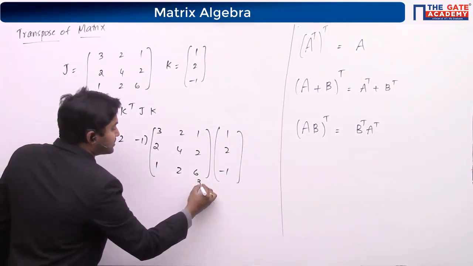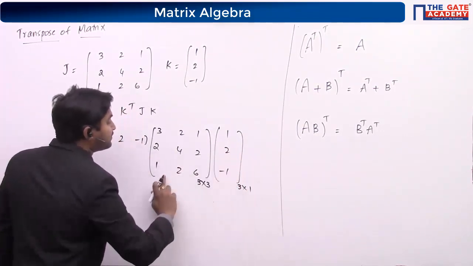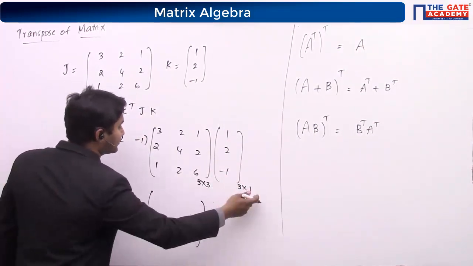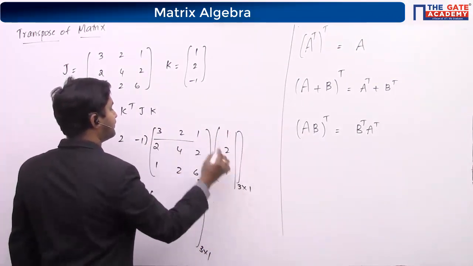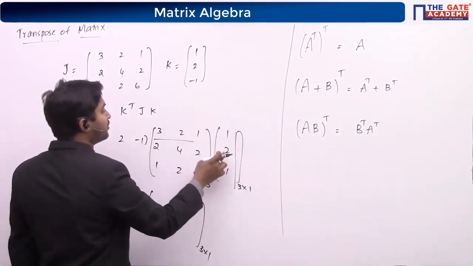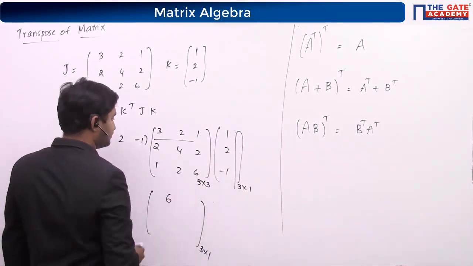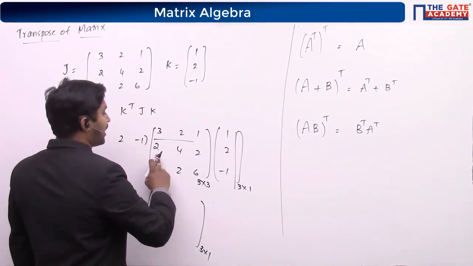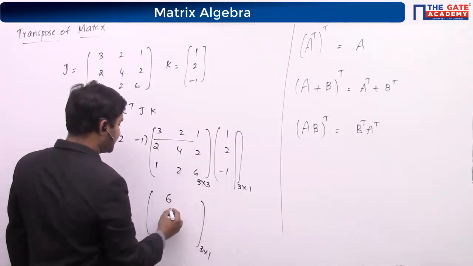So a 3 cross 3 matrix, and you are having a 3 cross 1 matrix. Let me multiply these two first of all. In that case, I'm going to have a 3 cross 1 matrix as a result. So it is going to be 3 plus 4 minus 1, so it is 6. Right? Then you have 2 plus 8 minus 2, it will be 8.